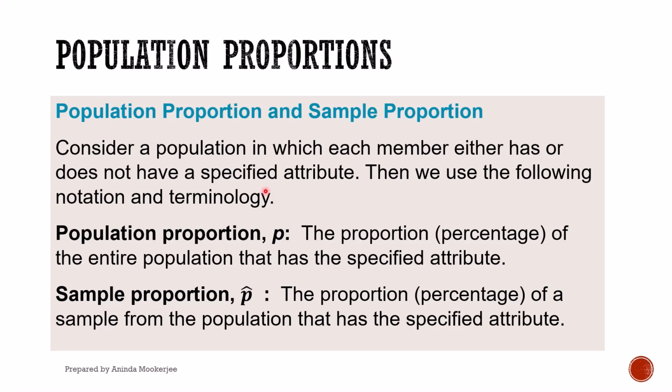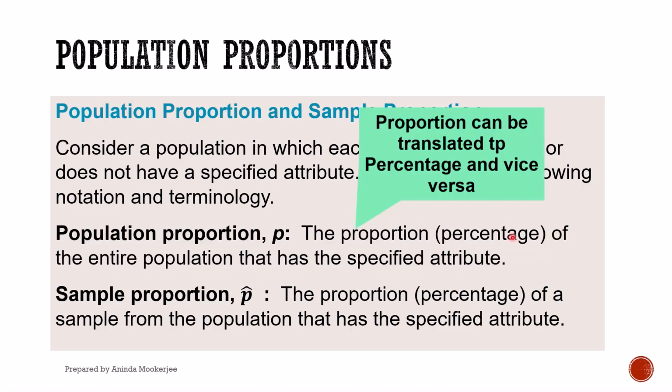Now, population proportion is denoted by the letter p, and it says the proportion or percentage of the entire population that has the specified attribute. Recall that proportions can be translated into percentages. A proportion is a value between 0 and 1.